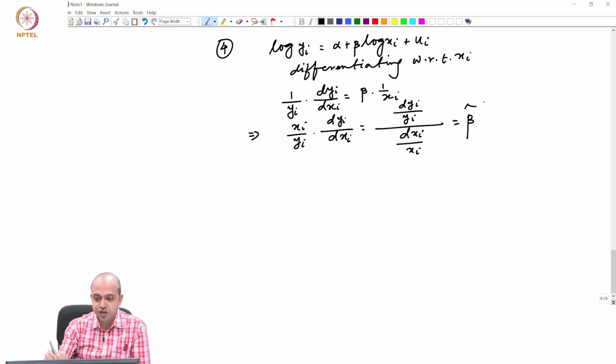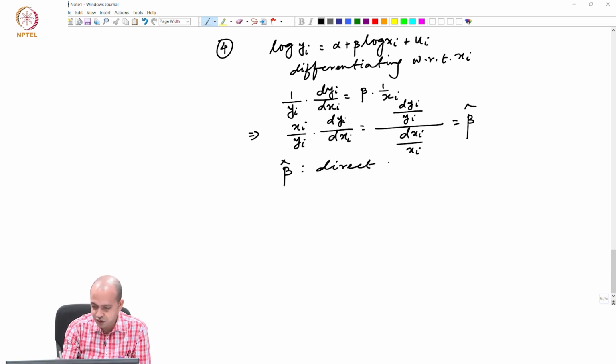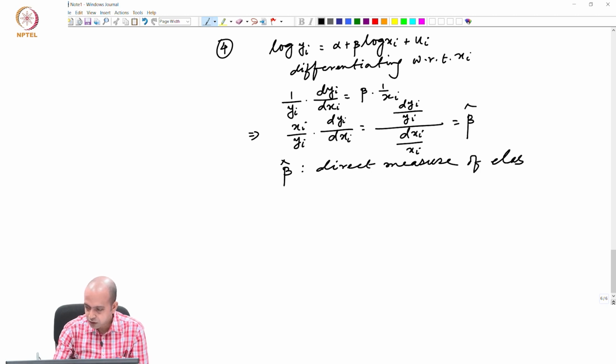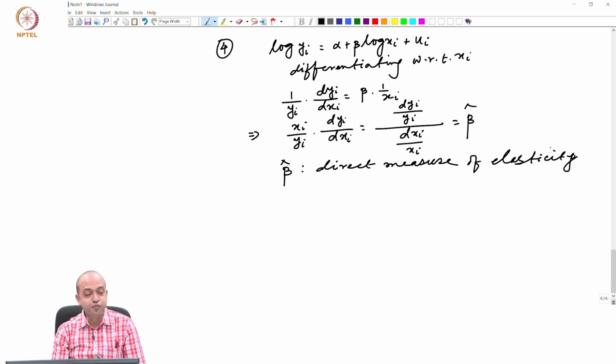That means, for a 1% change in xi, y changes by beta hat percentage. So, the interpretation of beta hat here is a direct measure of elasticity when your model is log.